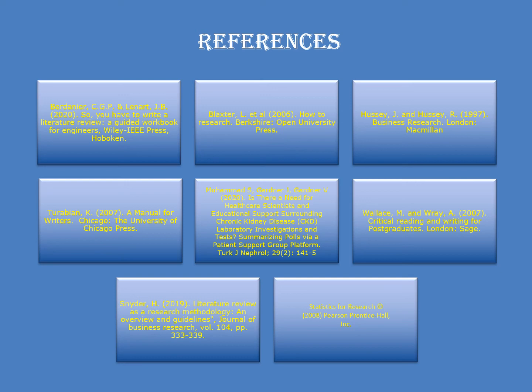Then there's a work by Hussey and Hussey in 1997, a publication relating to business research, from London Macmillan. There's also a work by Turabian in 2007, a manual for writers, published by the University of Chicago Press.